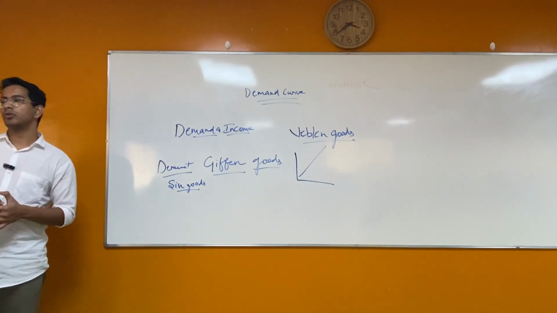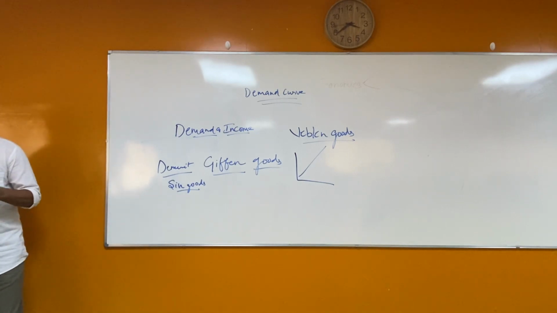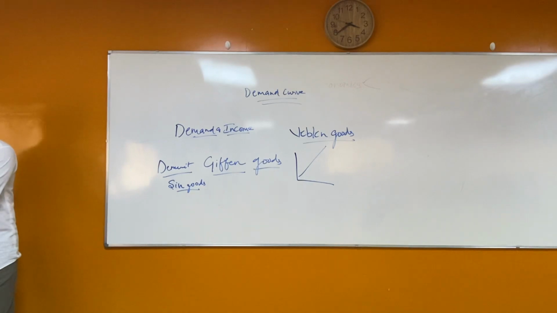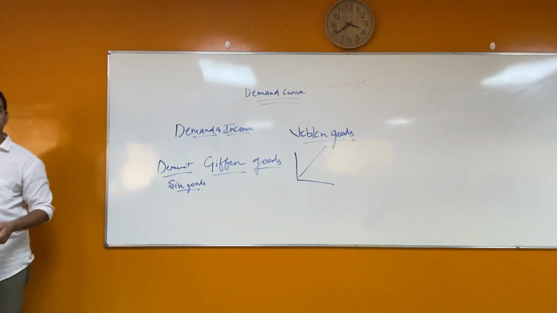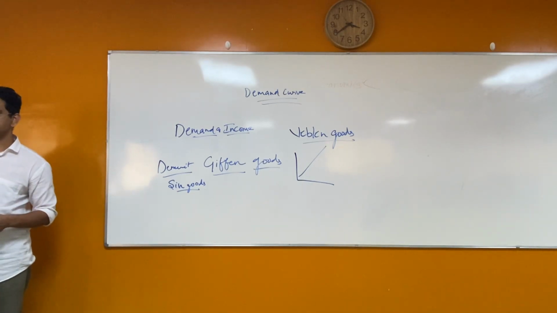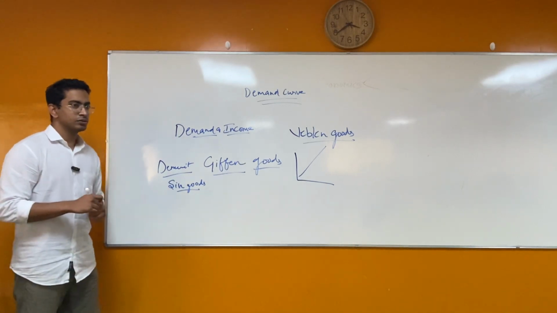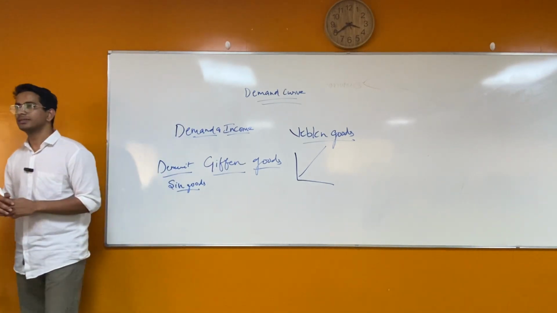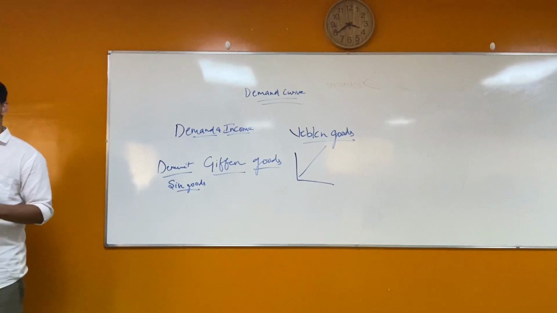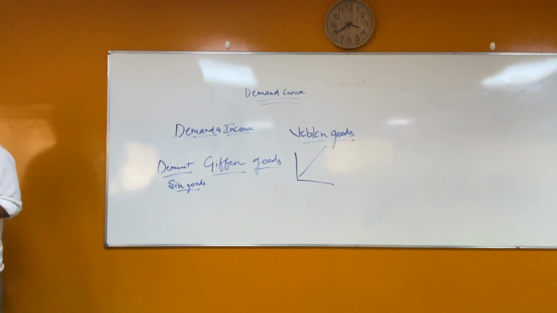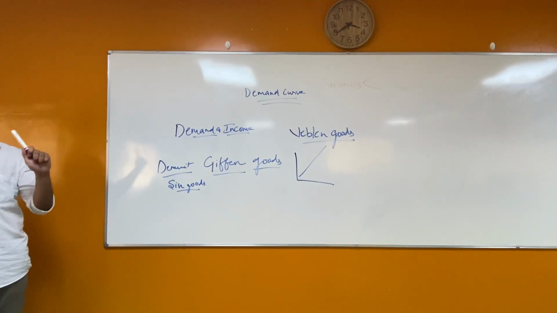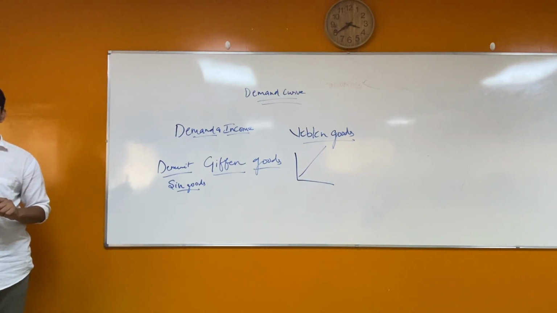So what did we see about supply? The basic thumb rule: if price increases, supply increases. Because if the price increases, demand decreases, so it should be the opposite.